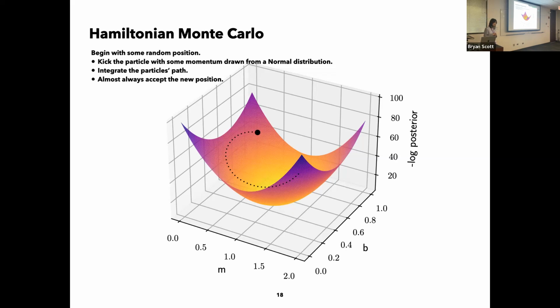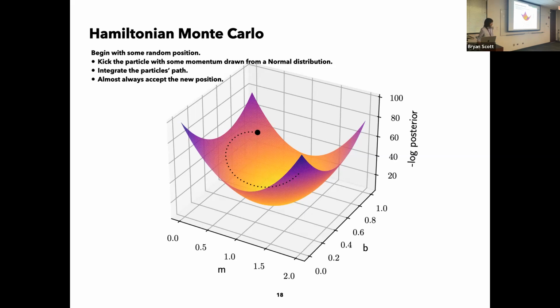Let's integrate the system for a certain time interval, delta t. The ball will just follow the curvature of this potential. When you calculate the acceleration, that's the gradient of the potential relative to the position. We begin with some initial velocity from a random draw, and we integrate the ball's motion in the field for some delta t.